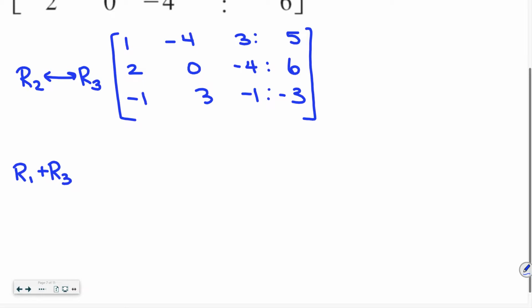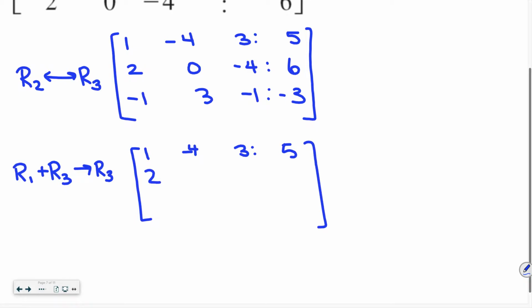So what I'm going to write is I want you to take row 1 plus row 3 and replace the old row 3 with what you get. Okay, so what this means is row 1 and row 2 get to stay the same. But now, look at the matrix from before, add row 1 and row 3 together, and that's your new row 3.